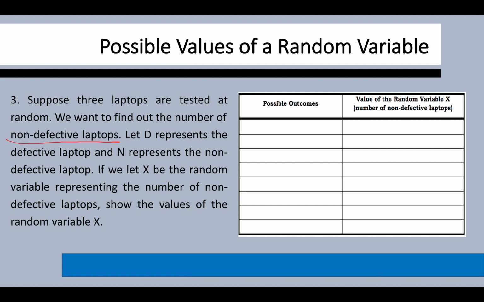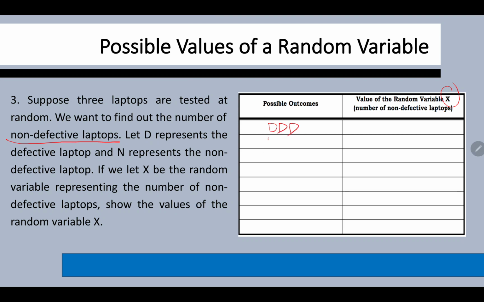If we let X be the random variable representing the number of non-defective laptops, show the values of the random variable X. We have three laptops, and we use D and N. The systematic way here is to change the last position first, until we run through all the possible conditions of the laptop. There are only two conditions, defective and non-defective. So let's say, all three defective.